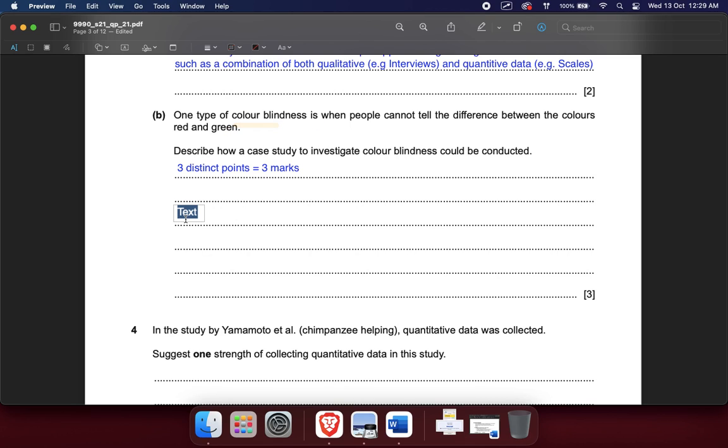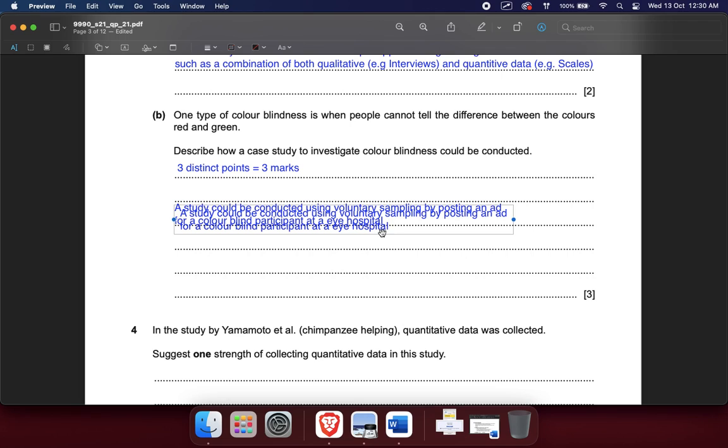So, the study could be conducted using voluntary sampling by posting an ad for a colorblind participant at an eye hospital, right? So something like that. That's how we would conduct it, by first finding our participant.